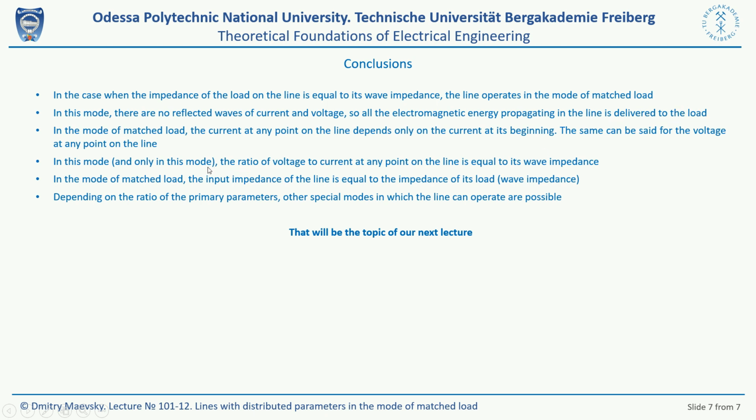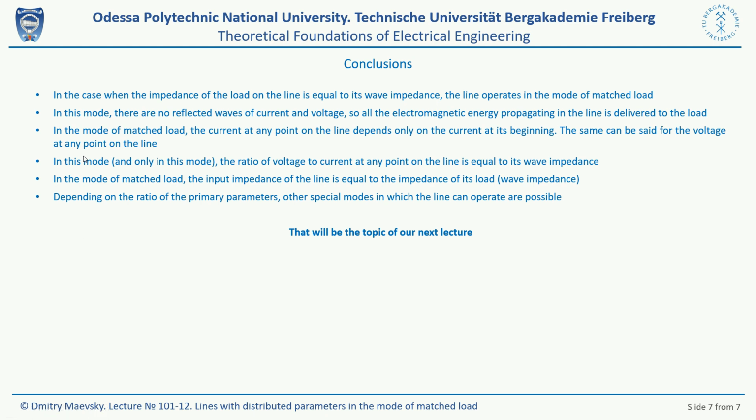In the matched load mode, the current at any point of the line depends only on the current of its beginning. The same can be said about the voltage at any point on the line.